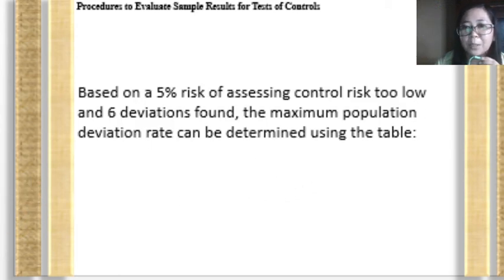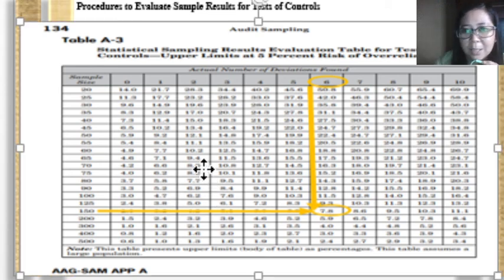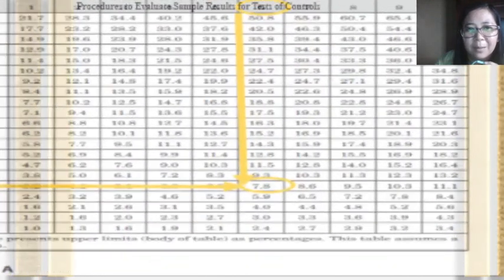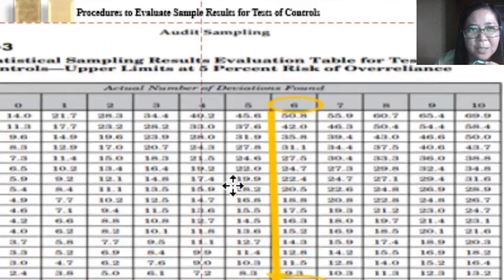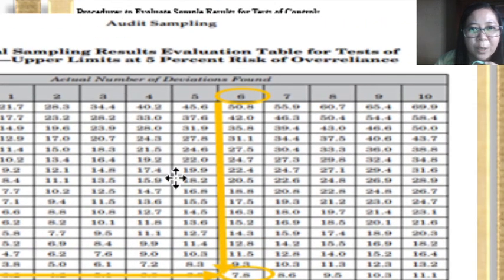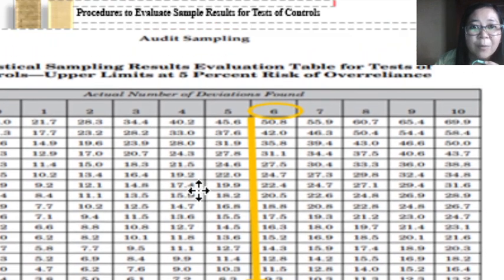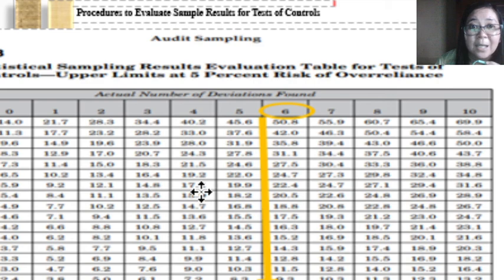So how to determine such? We also have here the table. You will just expand it so that you can have a better view. This table is a statistical sampling results evaluation table for tests of controls with 5% risk of over-reliance or control risk too low.